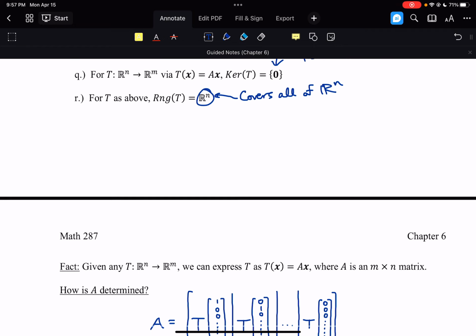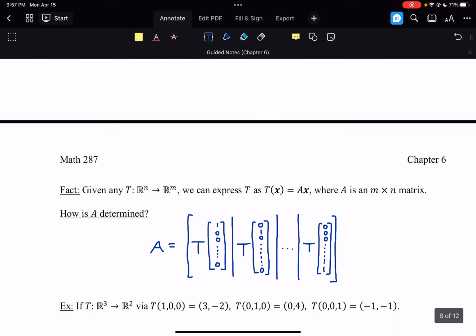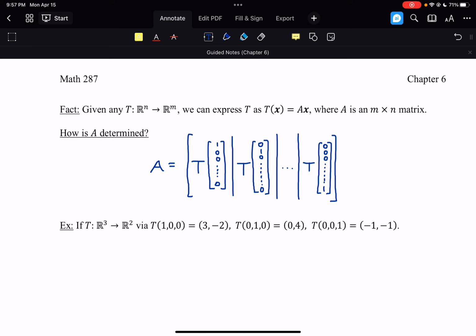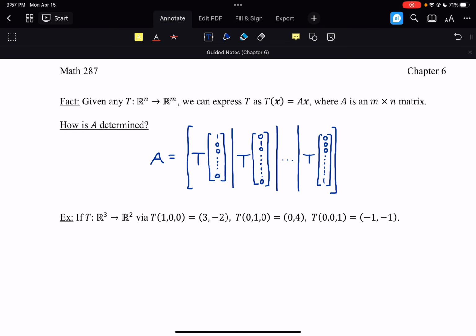Speaking of the matrix transformation, given the matrix transformation where A is an m by n matrix, how do we determine A? Well, we take the basis vectors, 1, 0, 0, then 0, 1, 0, and so on up to all zeros and a 1.